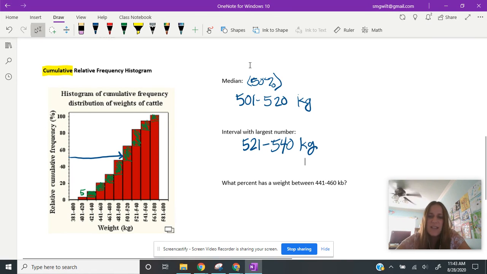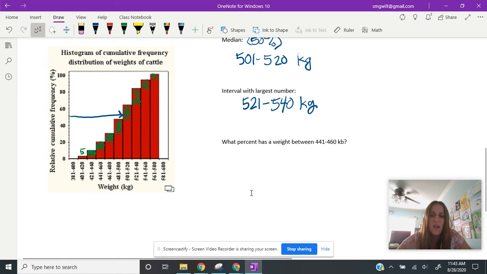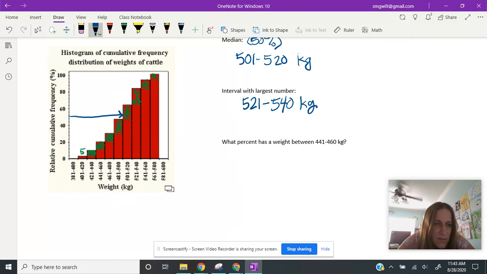And then for the last one, if it's asking me for an actual percentage, so from 441 to 460, that should be a G. If I'm looking at that, this is going by 5, so these are actually 4s. So that means that this value here is 12, and then this hits at 20.